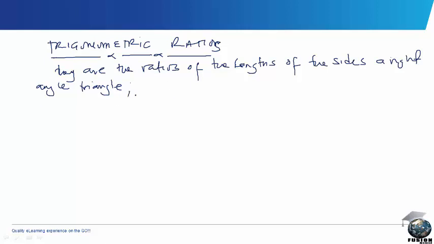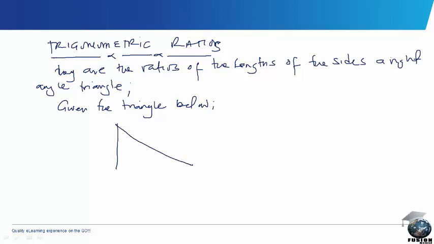So we'll make some illustrations given the triangle below. We have this triangle, and this is the hypotenuse side, which is the longest side, and this is the adjacent side, and this is called the opposite side, which is the side opposite the hypotenuse side.